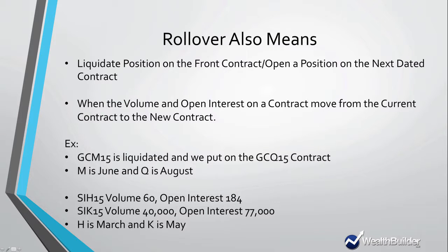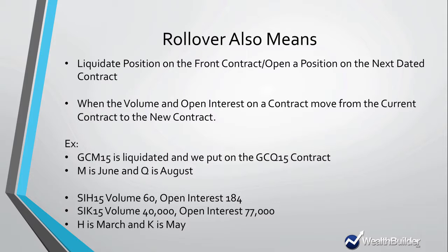Another example, say you're trading silver and you are in the month of March. The volume is showing 60, the open interest is showing 184, but the next month's contract, or K, or May, the volume is 40,000 and the open interest is 77,000.